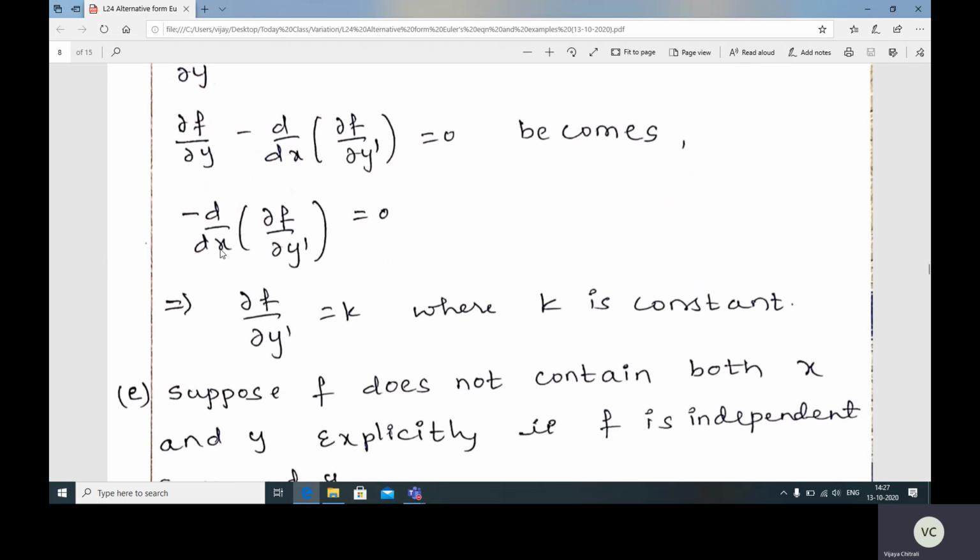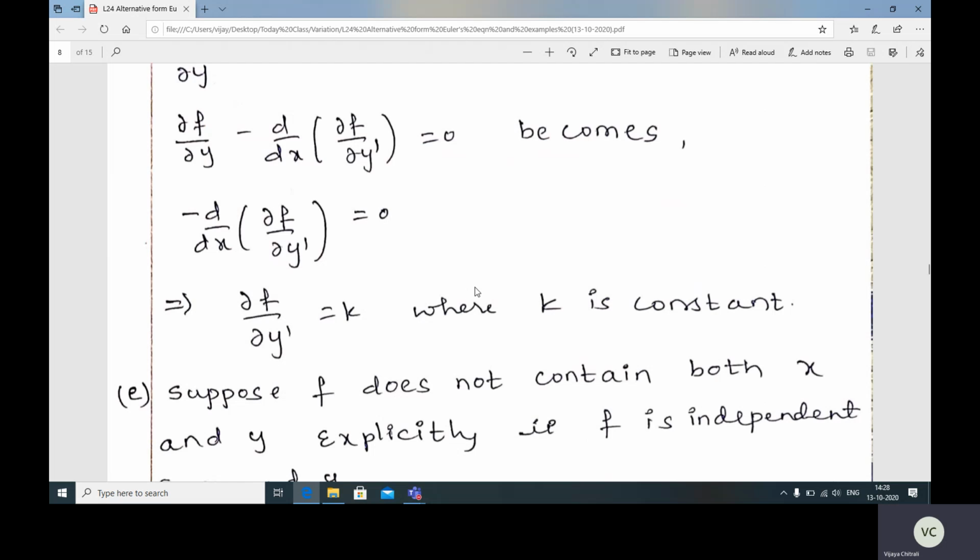So minus d/dx of ∂f/∂y' is equal to 0. Again integrate: integration of d/dx of ∂f/∂y' is ∂f/∂y'. So this is equal to k. So ∂f/∂y' is equal to k, where k is a constant.